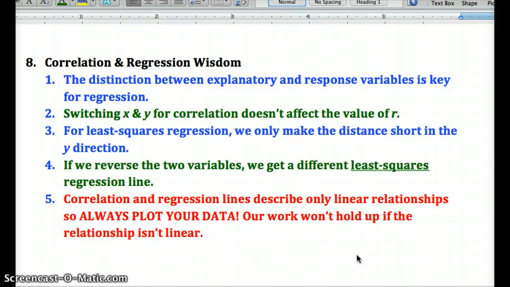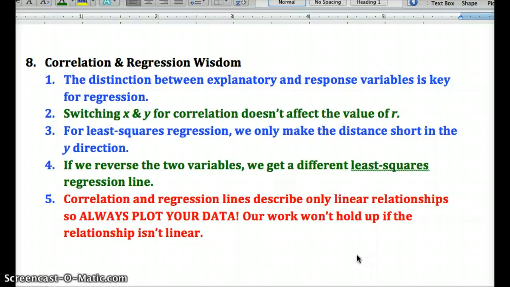Because that's the goal of regression, it makes a big deal what we say the response variable is. So if we switch them, we'll get a different equation, and we would get a different line.